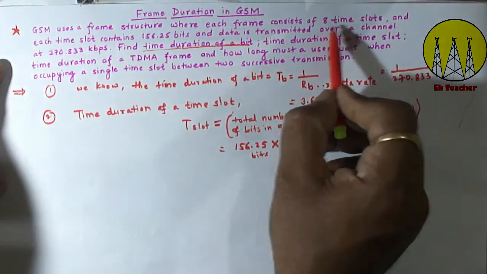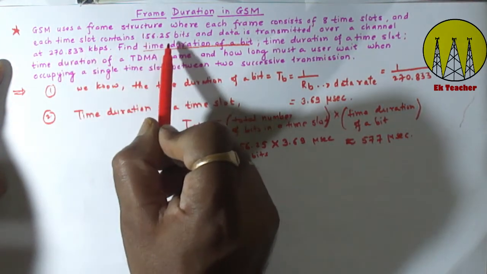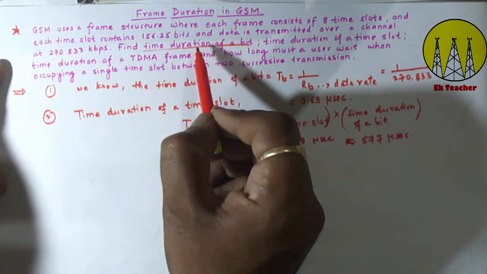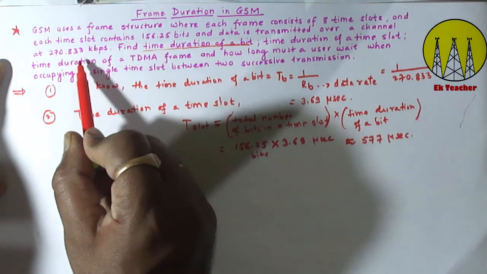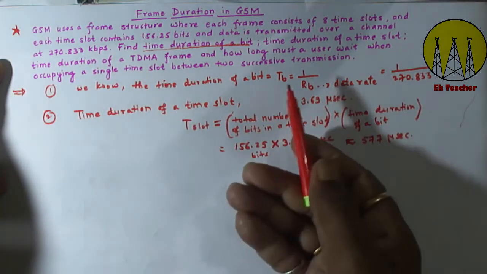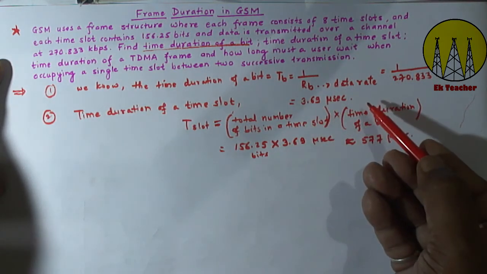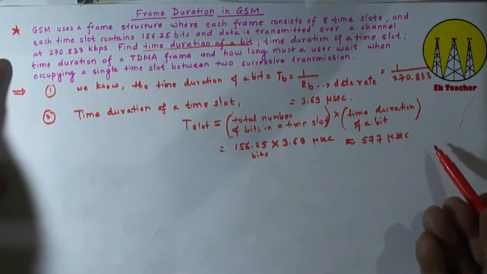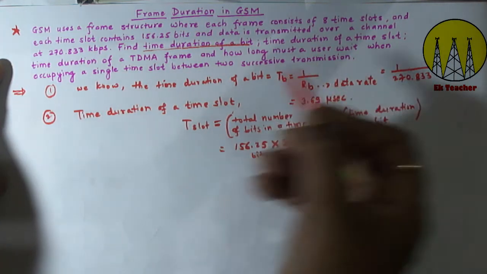We know that there are 8 time slots and each time slot contains 156.25 bits. That again we know from the hierarchy of the GSM frame structure. And data is transmitted over a channel at 270.833 kbps, therefore the bit duration is 3.69 microsecond. So directly I have calculated 3.69 microsecond here, and directly written 577 microsecond.